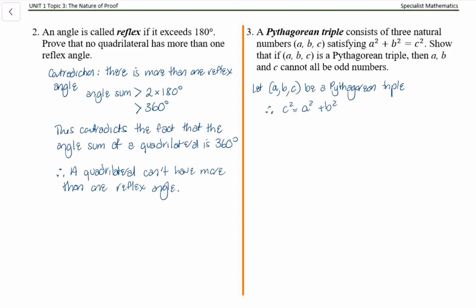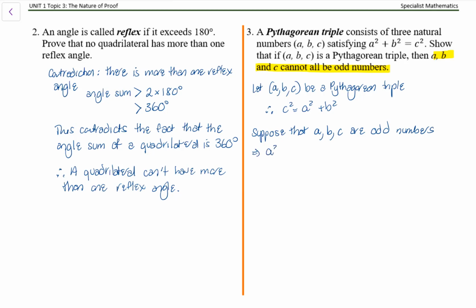Now it's saying a, b, c cannot all be odd numbers. So let's go the opposite of that. Suppose that a, b, c are odd numbers. Okay, so instead of going cannot all be odd numbers, we're going to go they are odd numbers.